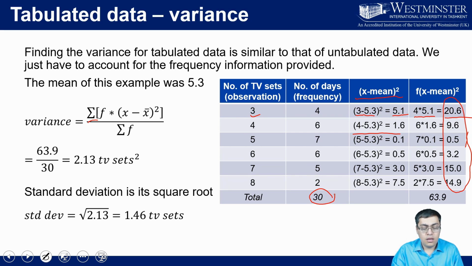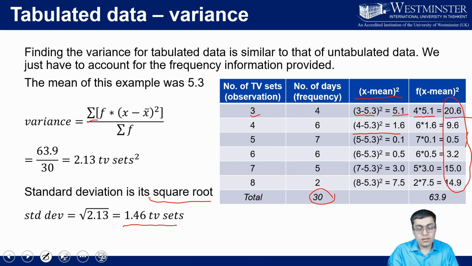Again, this unit of measure is a bit difficult to grasp, so we want to get rid of the square. What we do is take its square root, and that would be the standard deviation. So in this instance, the standard deviation is very close to 1.5 TV sets.